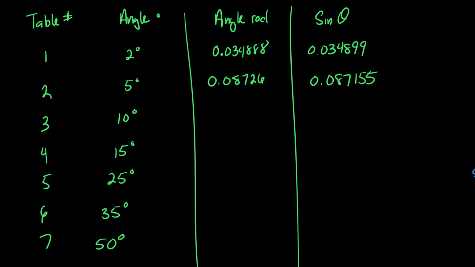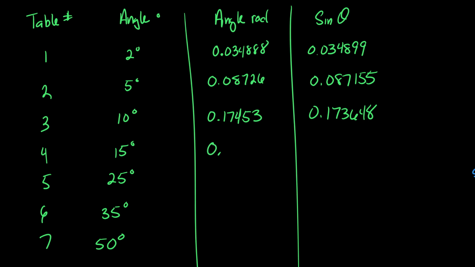Okay, table 3. For the radians we got 0.1745. And can you tell me the sine of 10 degrees? 0.173648. All right, table 4, 15 degrees.